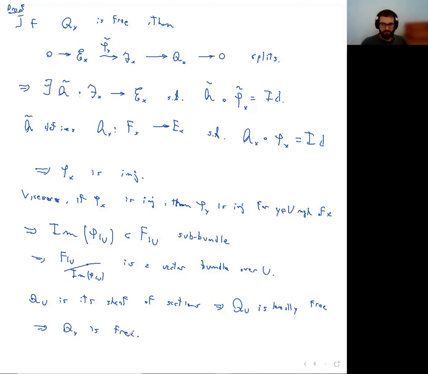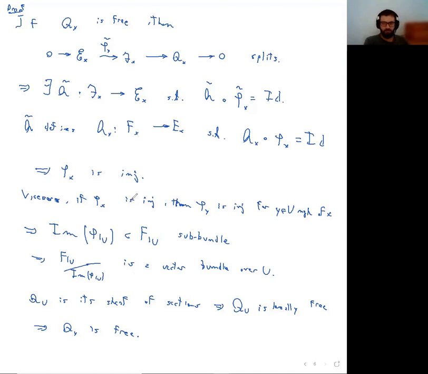Not convinced. Why was Q_U locally free? I kind of missed the argument. Because it's the sheaf of sections of some vector bundle. If you remember, if we take a vector bundle and we take its sheaf of sections, this is always locally free. Ah, I didn't remember. Yeah, it's the inverse implication. We proved that every locally free sheaf is the sheaf of sections of some bundle, if you remember.